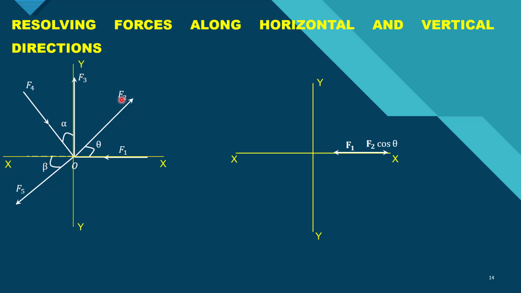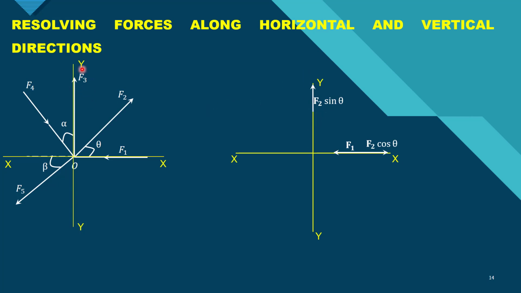If this is F2 cos theta, this will be F2 sin theta, acting in the upward direction. So I have replaced this force by two components. I have split the force F2 into two components: F2 cos theta acting along the x-axis and F2 sin theta acting along the y-axis.